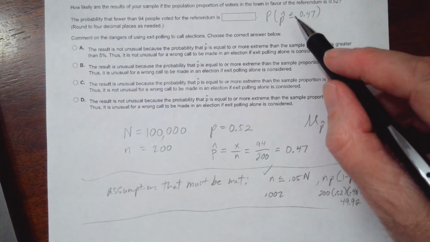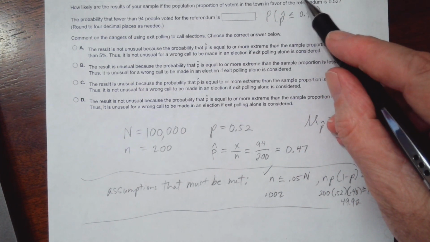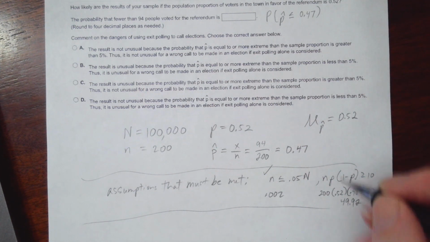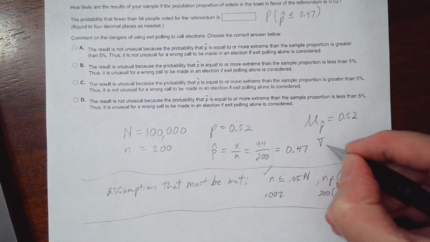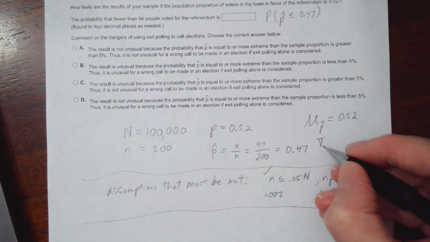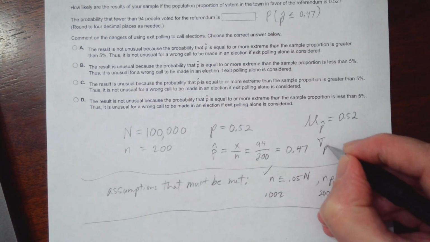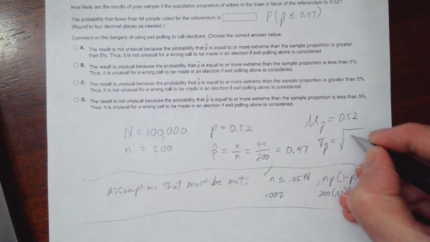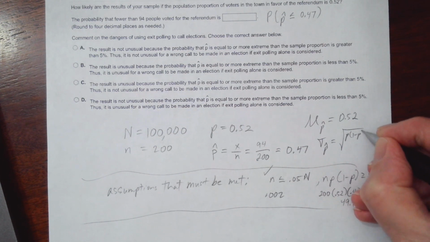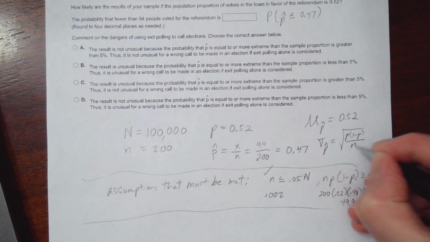Hold on just a second. And we've got the standard deviation of p hat, and we've got this formula. It's the square root of p times 1 minus p over n.